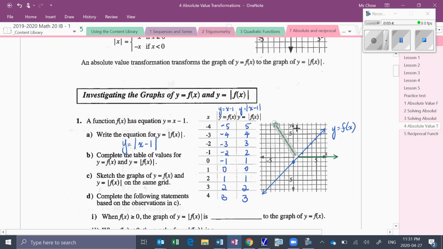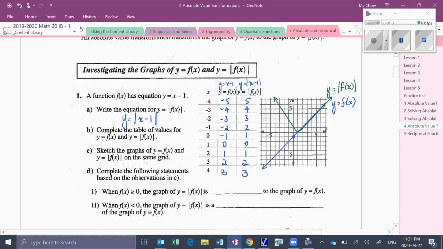And there's going to be a bit of an overlap here as well. Okay, so what do we notice then is this is y is equal to the absolute value of f of x.